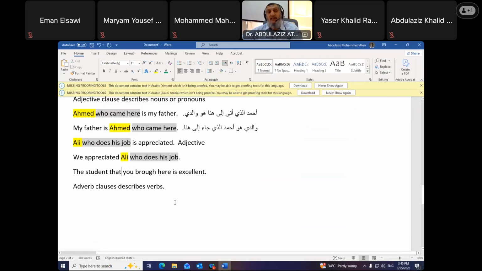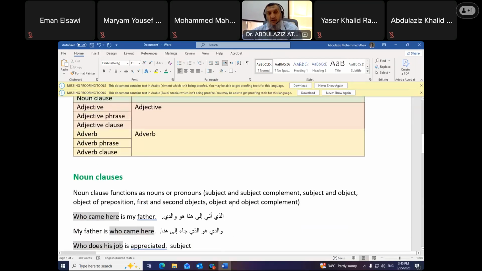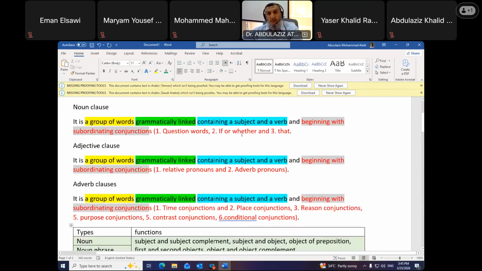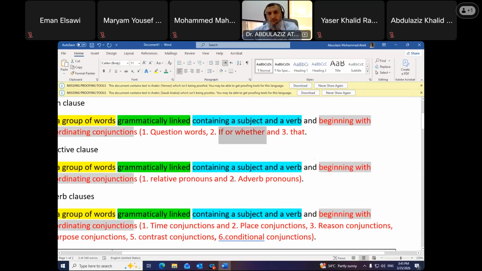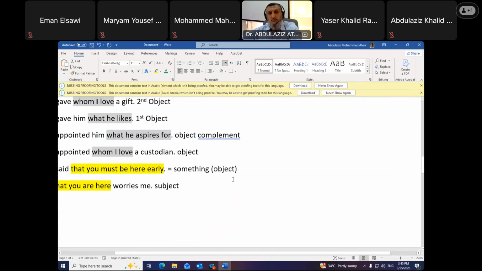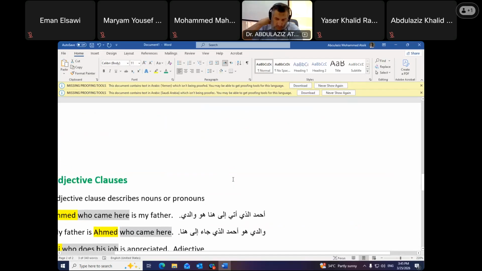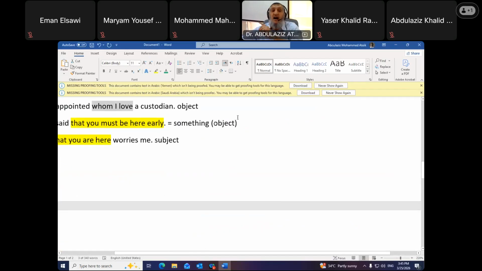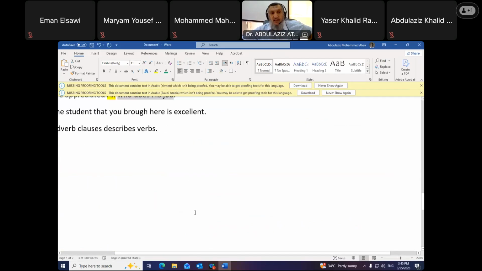Now let's come to if and whether. Number 2. If and whether are used in the conditional, okay? They are used here in the adverbs.